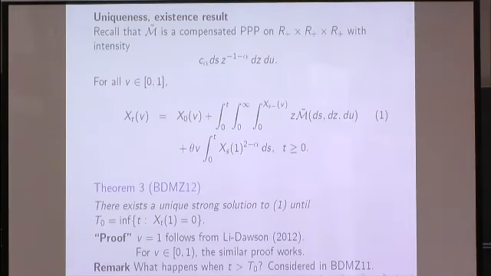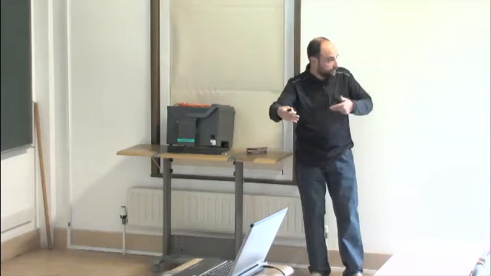Okay. So you can use a result from Lee-Dawson for the Lipschitz drift to say that everything is unique until it hits 0.